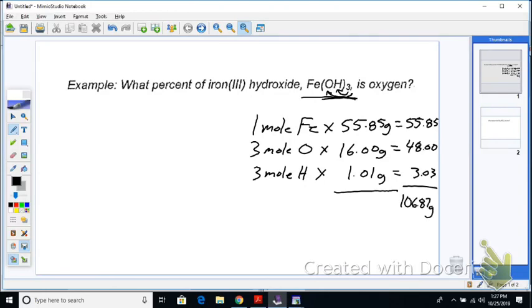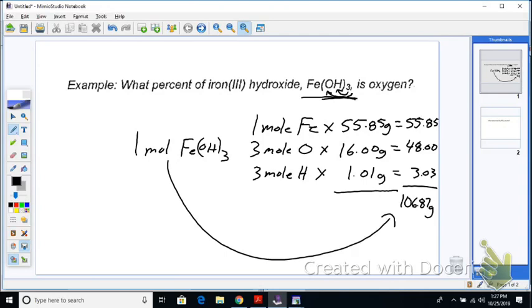Any questions with that? So they're saying, if I have 1 mole of this compound, it's going to have that weight when I add everything up. So when I add everything up, that's the weight of it.